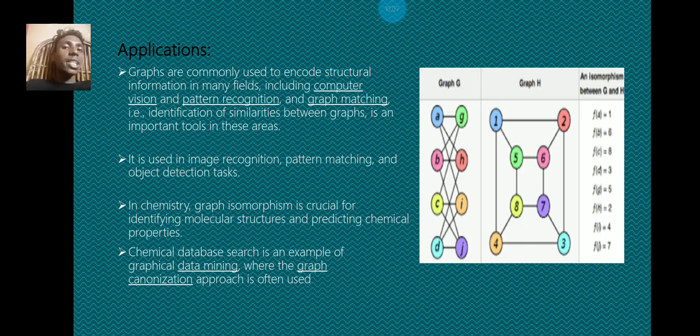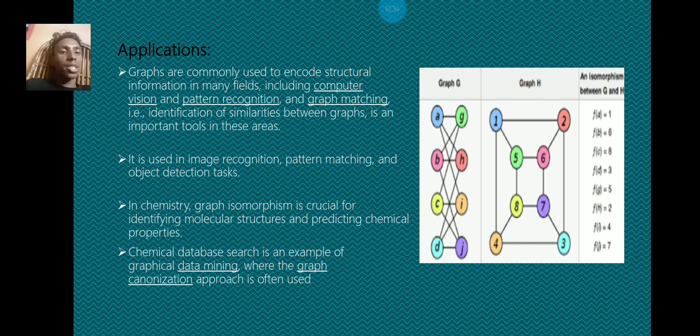Applications. Graphs are commonly used to encode structural information in many fields, including computer vision, pattern recognition and graph matching. Identification of similarity between graphs is an important tool in these areas. It is used in image recognition, pattern matching, and object detection tasks.